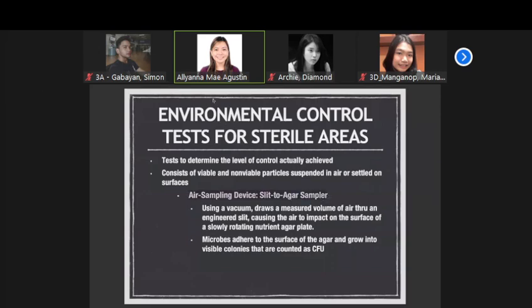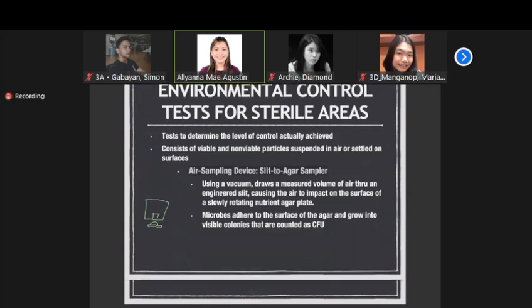So, ang nangyayari dyan, class, sa room ninyo, sa empty room, may window dyan na close, tapos meron lang slit or opening. Sa opening dyan, meron kang agar. So, we call that your rodac plates. I think nasa next slide.